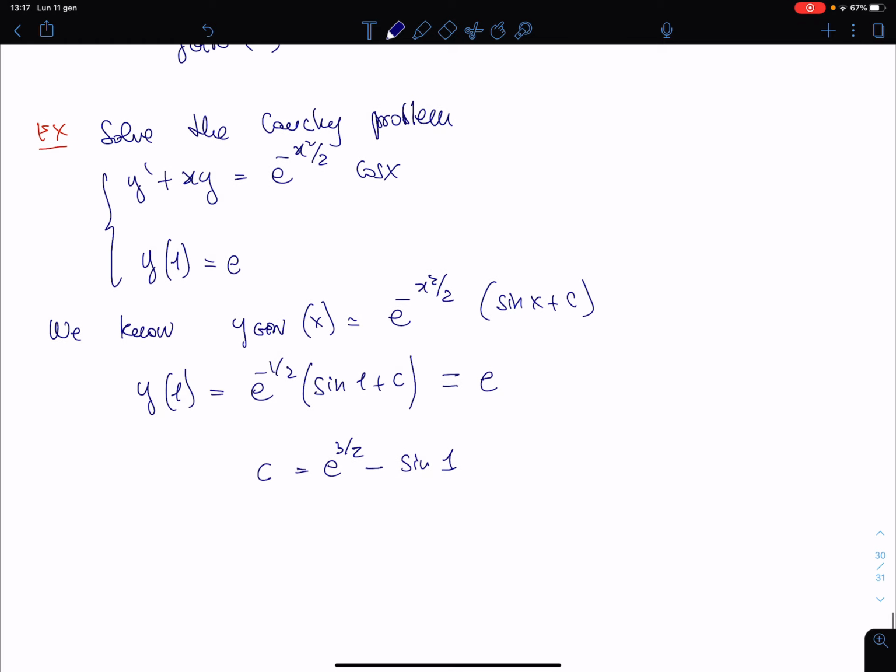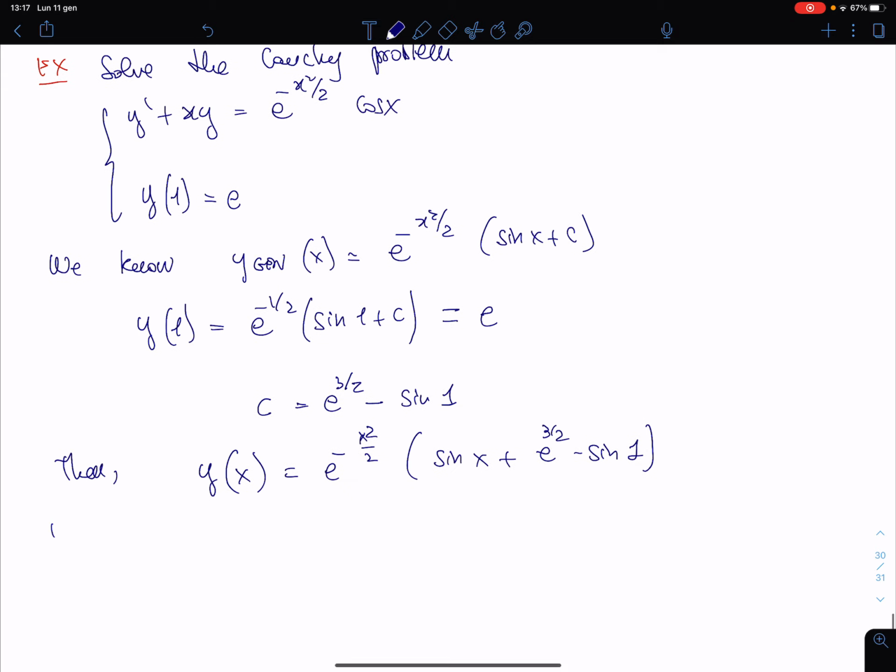Then y of x, in this case we called x instead of t the variable here, is equal to e to the minus x squared over 2 times sine of x plus e to the power 3/2 minus sine of 1.